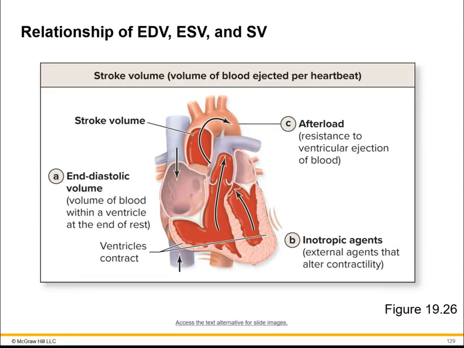All right, here it is for you laid out in a diagram, the variables that influence stroke volume. You've got end diastolic volume, or preload. You have inotropic agents. Remember, these act to increase or decrease contractility of the heart. And then you have afterload, the resistance the arteries have to receiving that blood from the heart.